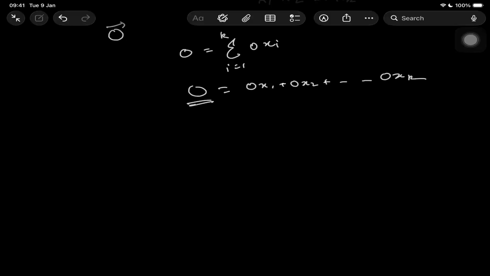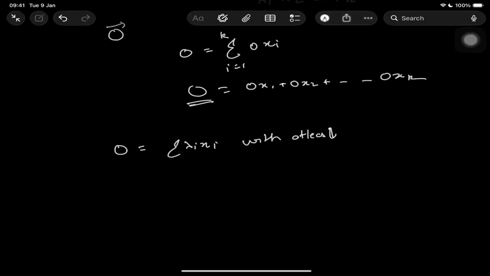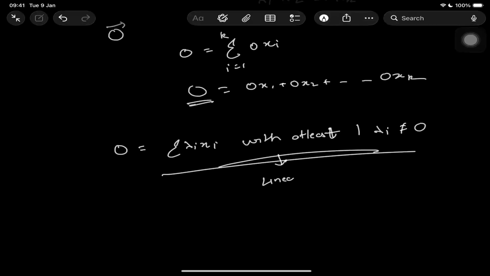If there is a non-trivial linear combination such that we get 0 equals the sum of lambda i xi with at least one lambda i not equal to 0, then with this condition we call it linearly dependent.